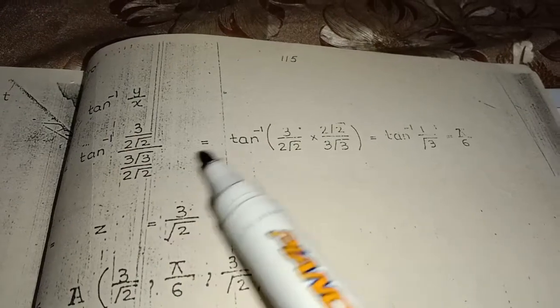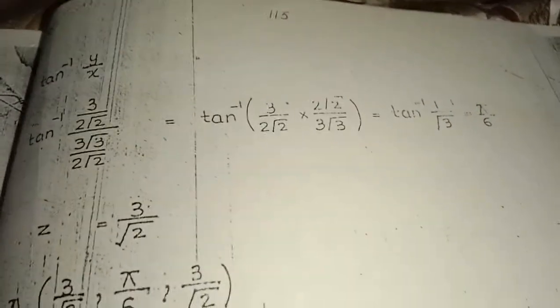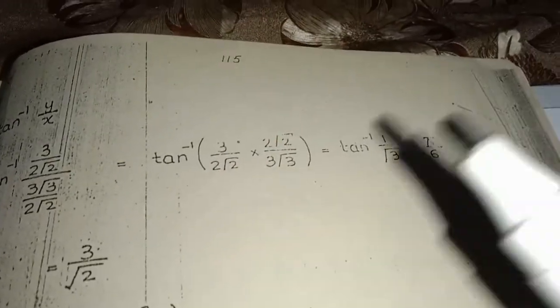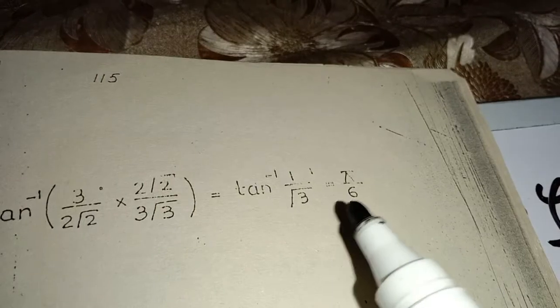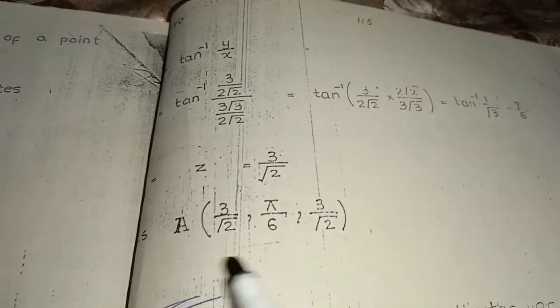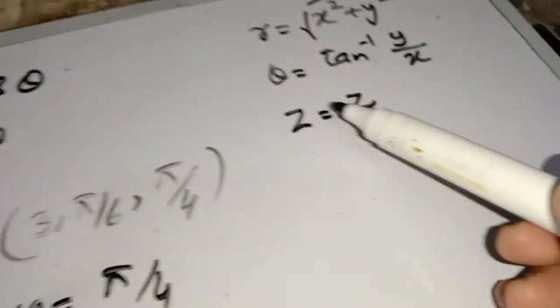We can solve it as we will take inverse of this, and after simplification it has value tan inverse of 1 by under root 3, which is equal to pi by 6. Next component is z is equal to z, so z is equal to 3 by under root 2. So cylindrical coordinates are these.